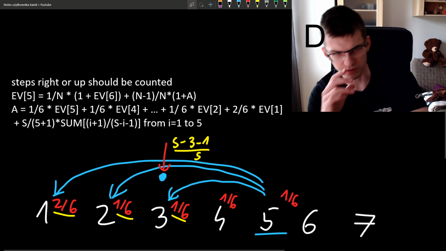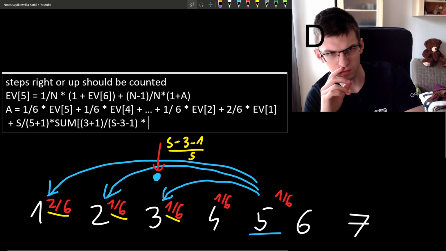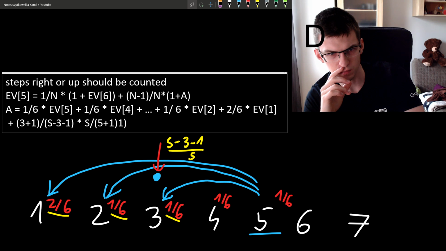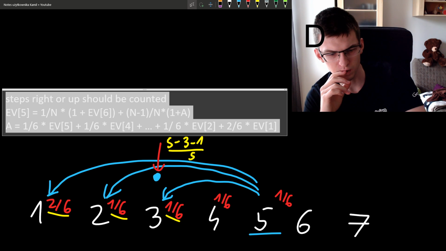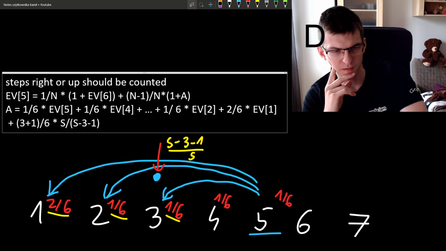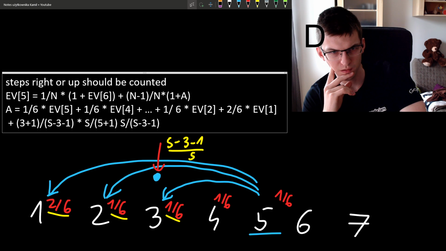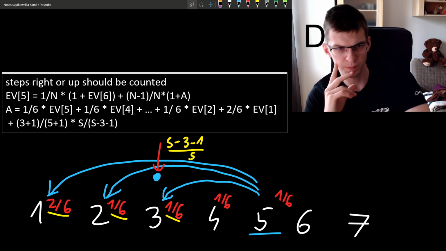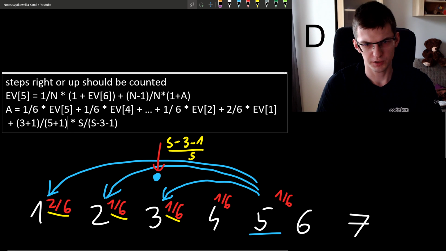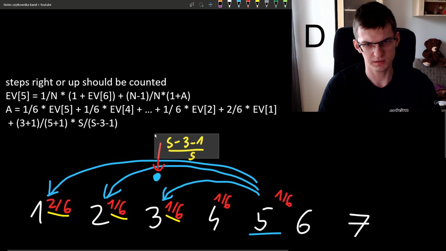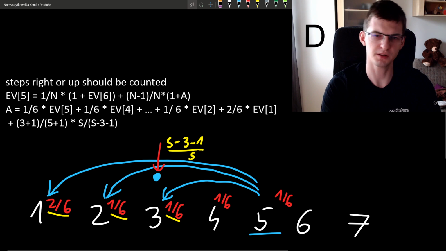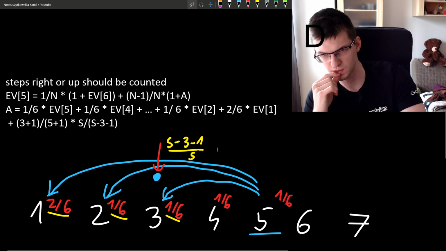What was it before I transformed it? Uh, 3 plus 1, okay, it's this. This probability of getting to the same state.